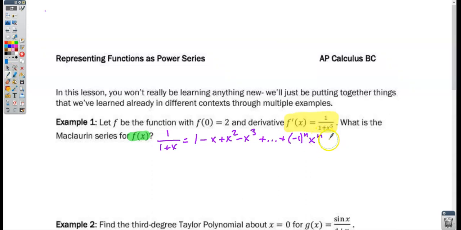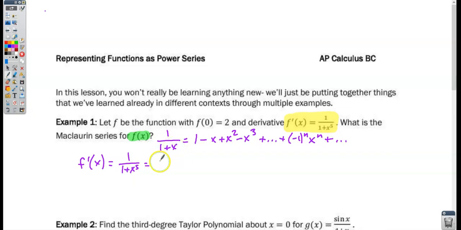So there's our series for 1 over 1 plus x. Now f prime of x, which is equal to 1 over 1 plus x to the fifth, I can get from this series by just replacing all of the x's with x to the fifth.